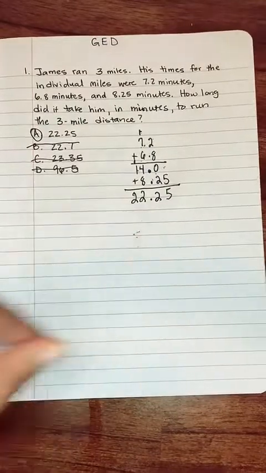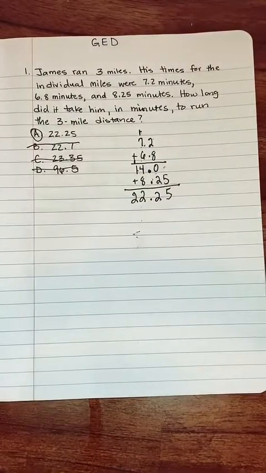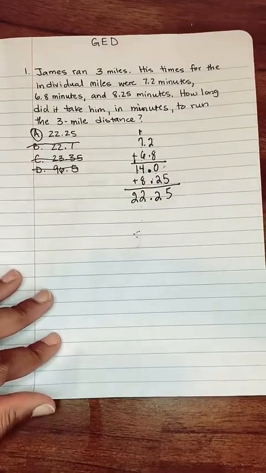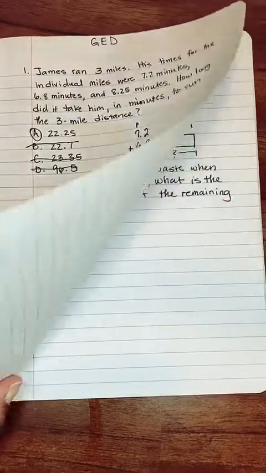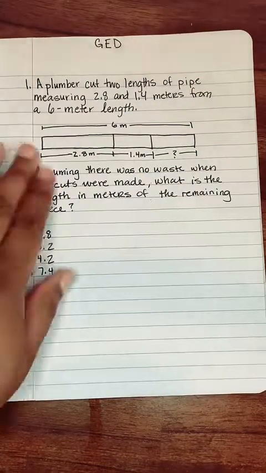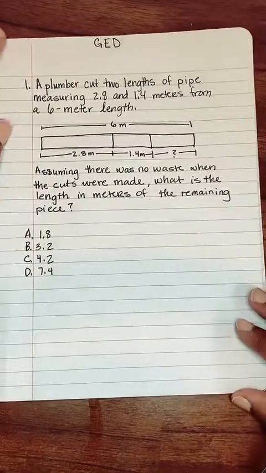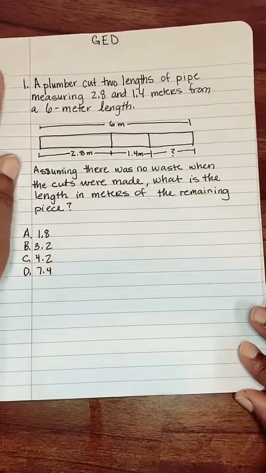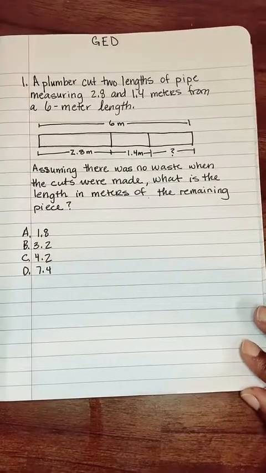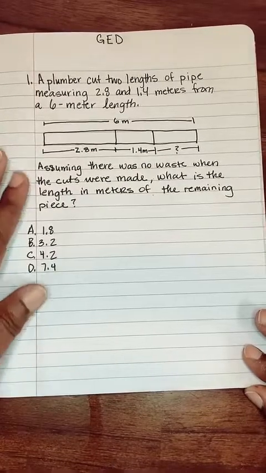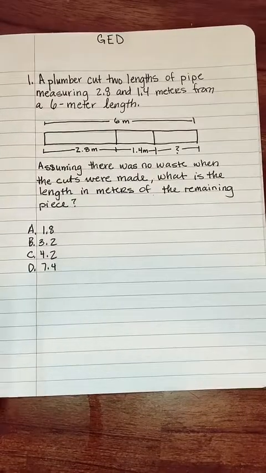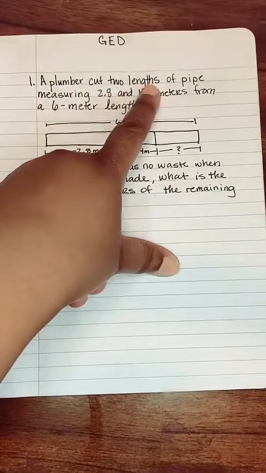Okay. Can we do another one like this? Yes, I actually have another one. But you have to tell me, are we adding or are we subtracting? Okay, so I'm going to read the problem. It says a plumber cut 2 lengths of pipe measuring 2.8 and 1.4 meters from a 6-meter long length. So here goes our pipe.